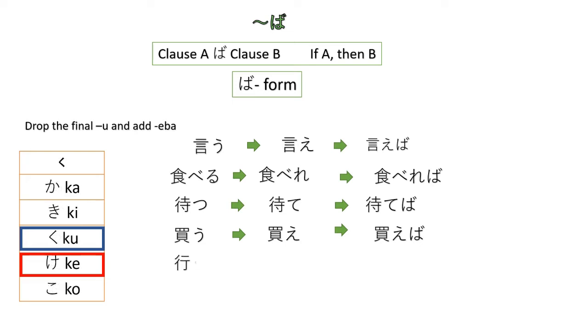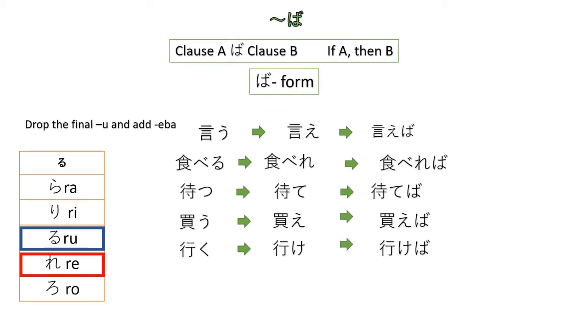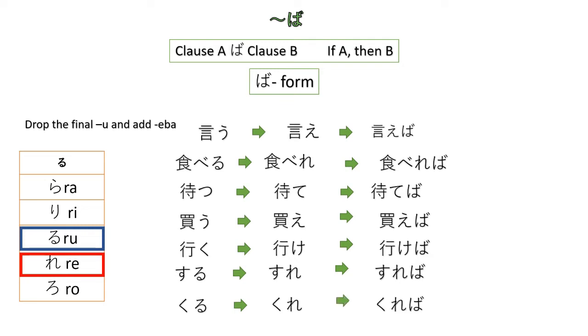Verbs ending in ku, iku, ike, ba. For irregular verbs like suru, sure, ba, it's the same thing as the others, okay? There's no difference. For kuru, kure, kureba. Okay, that's it. That's how simple that is.